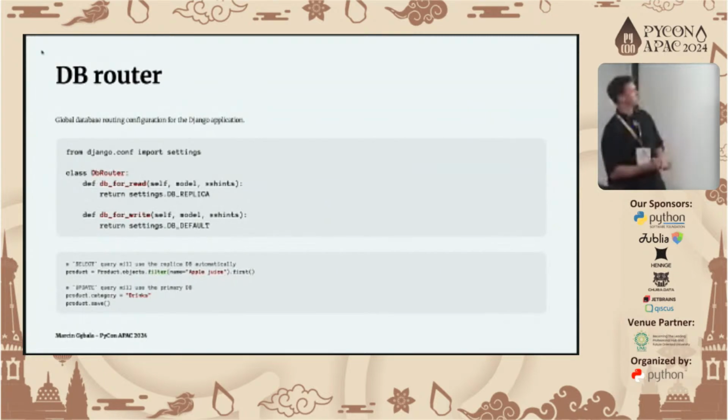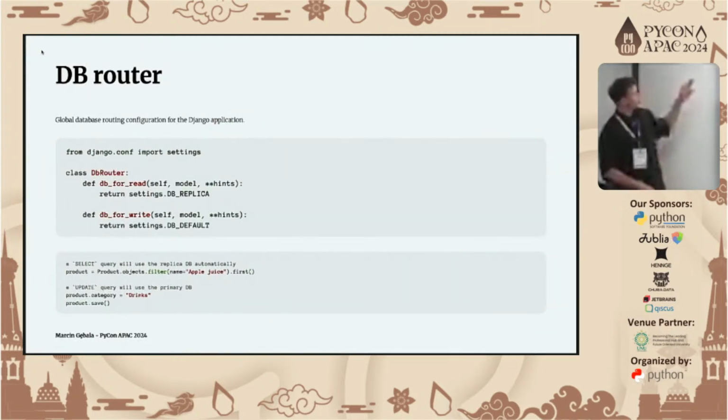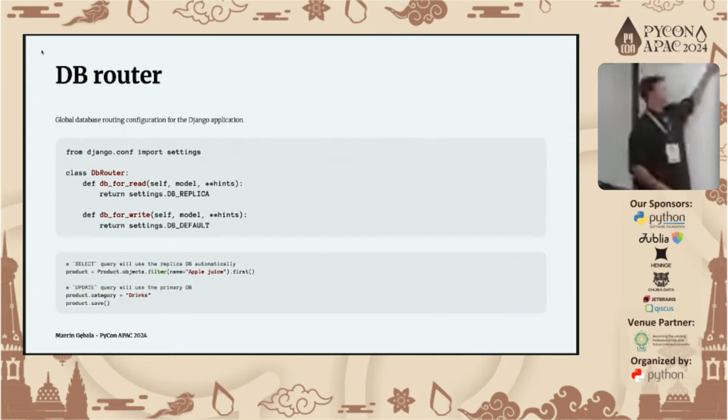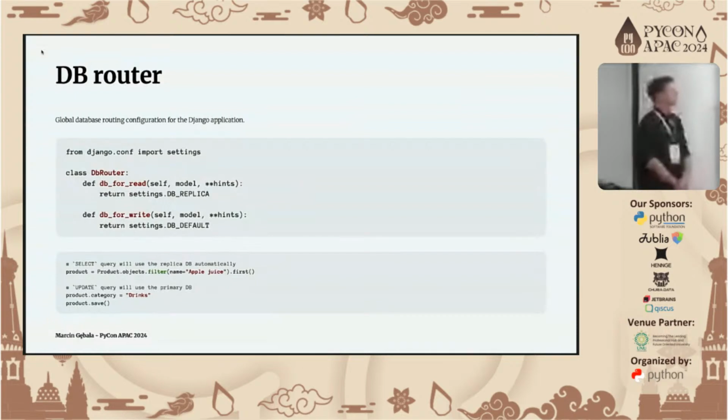The first, basic one would be to add a DB router. This is a simple class that you write, and you add that in your settings.py as well. We can implement a few methods in this class. These two are the most basic: db_for_read and db_for_write. When you add these methods, you can say which database connection should be used for read and which should be used for write.